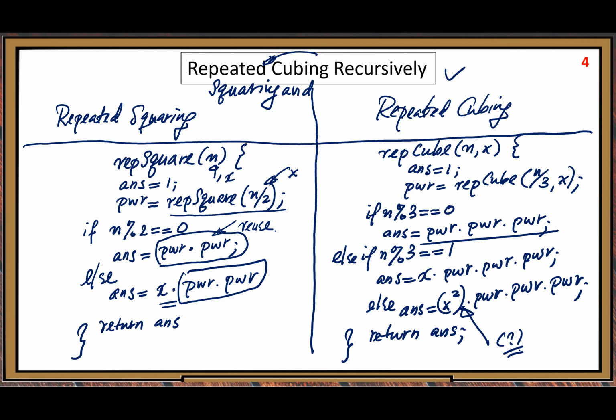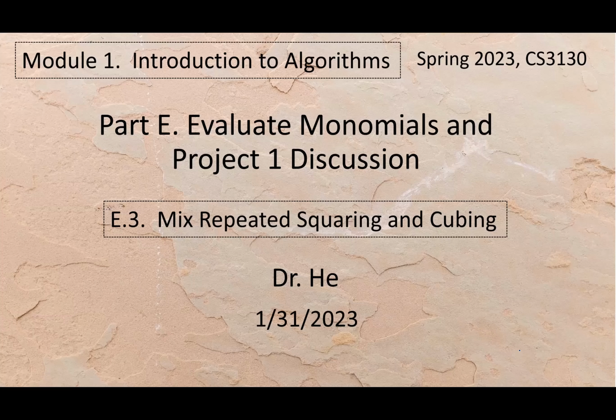And then next, mixing repeated squaring and cubing. Now we have both techniques. Sometimes we can do better by mixing the squaring and cubing techniques. Let me give you one example.